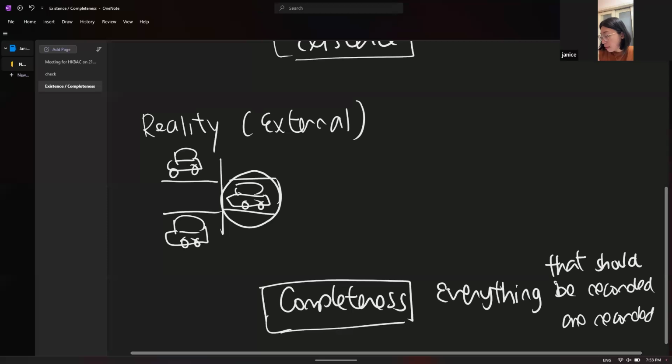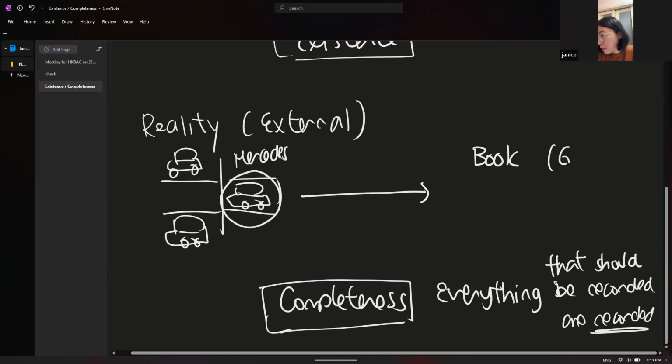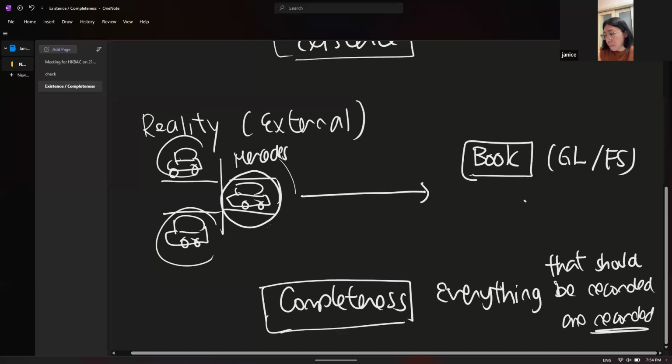So I'm going to pick any item from reality. Let's say here, the Mercedes. I see a Mercedes, and I'm going to check if this Mercedes is recorded in my book, meaning is it recorded in my GL and in my financial statement. So if we go from external, from the item itself, and trace it back to my accounting books, I'm making sure whether the thing is recorded or not. So this is to verify completeness.